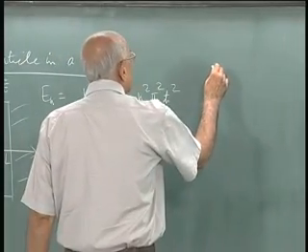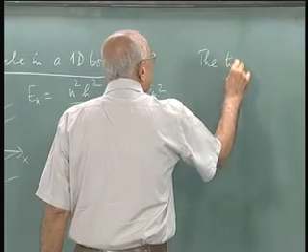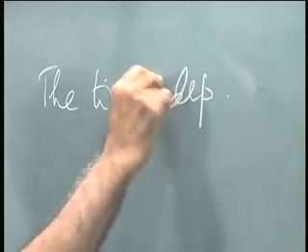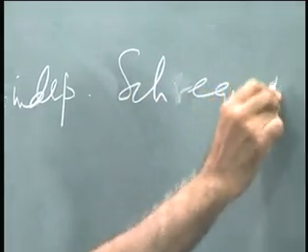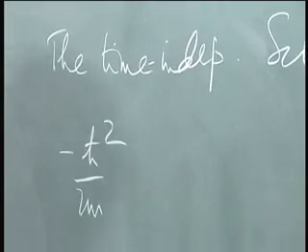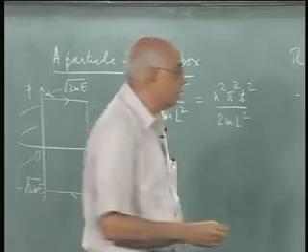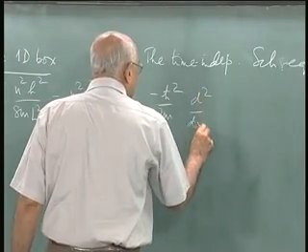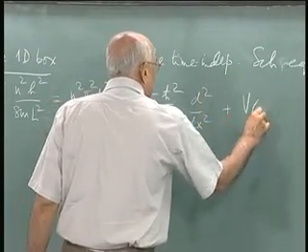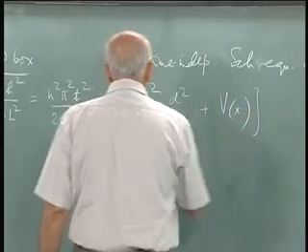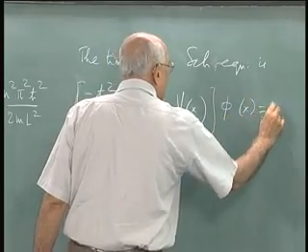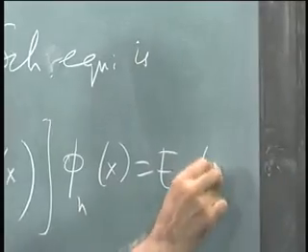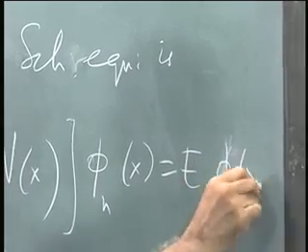Well, for the energy eigenstates, the time independent Schrodinger equation is minus h cross squared over 2m, and then a del squared, but since we are talking about one dimension, that just becomes d2 over dx2, plus V of x, the whole thing acting on phi n of x equal to E_n phi n of x.